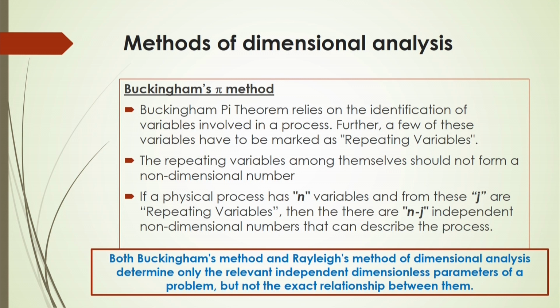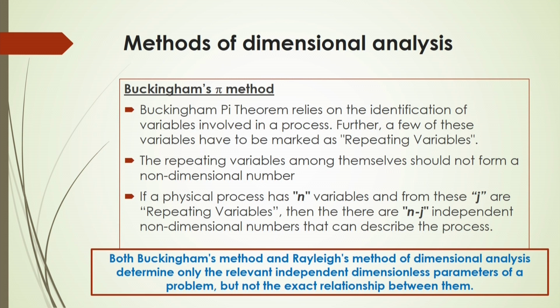So, for this physical process there will be some number of variables: resistance force, density, viscosity, surface tension, even the flow velocity, and also the roughness of the pipe. Those are the variables.